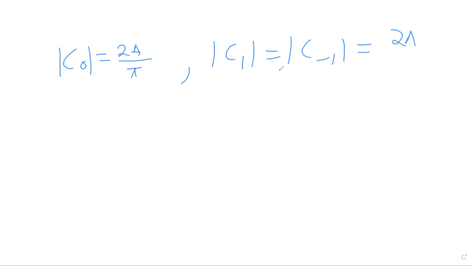C0 magnitude is 2a by pi. C1 and C minus 1 magnitude will be 2a by 3 pi.